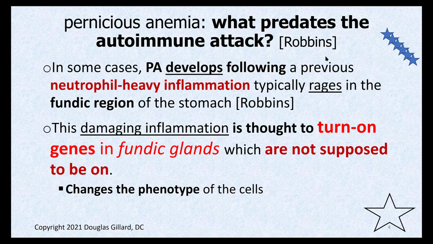In some cases, PA develops following a previous neutrophil heavy inflammation, typically raging in the fundic region of the stomach. This damaging inflammation is thought to turn on genes in fundic glands which are not supposed to be on. Change the phenotype of the cells. That's like the look of the cell.